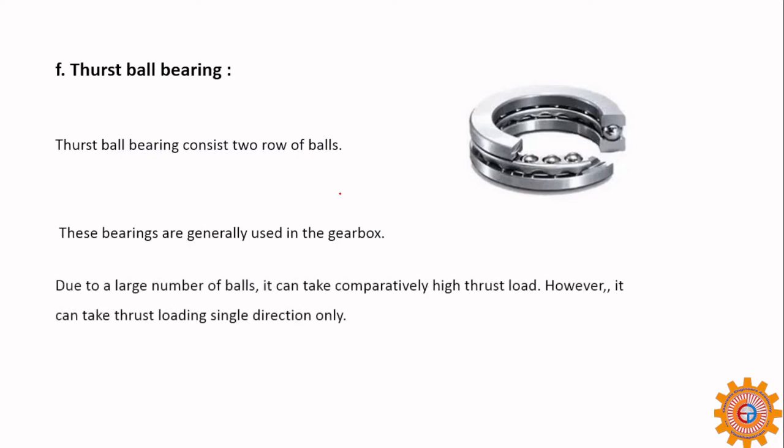Due to the large number of balls, it can take comparatively high thrust load. So the name itself reveals that it can be used where high thrust is to be borne or transmitted. However, it can take thrust loading in a single direction only.